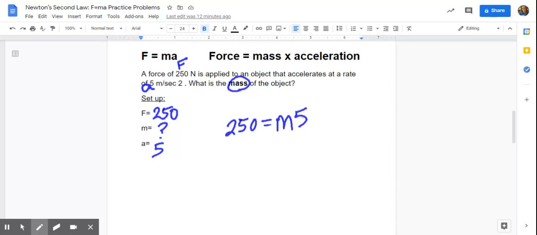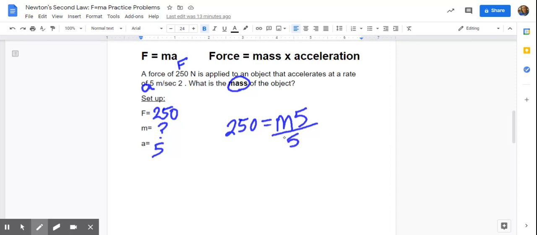Okay, so this one is not as simple as just solving for force because now I actually have to move stuff around in this formula. I have to manipulate it. In order to solve for mass, I have to get the m by itself. The opposite of multiplication here is division, right? And so in order to get rid of that 5, I can just divide it by 5.